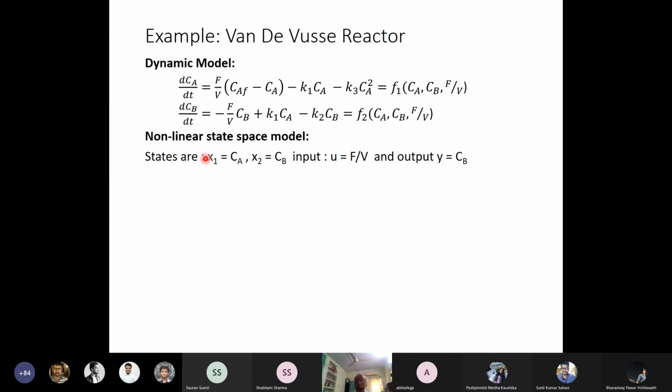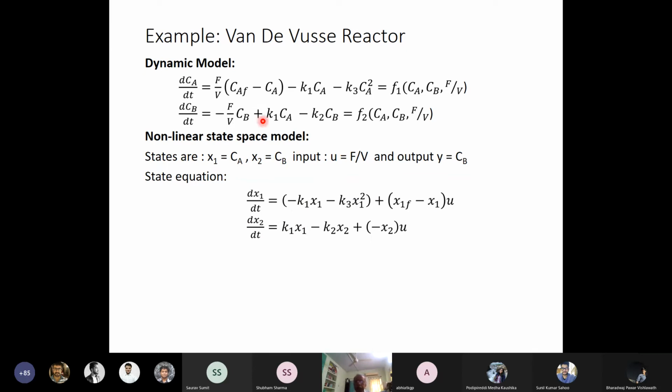Once we define this, I can write the nonlinear state equations. For dx1/dt, I separate out the u component: x1f minus x1, multiplied by u, and minus k1 x1 minus k3 x1 squared. Similarly, for dx2/dt, I have k1 x1 minus k2 x2 plus minus x2 into u.